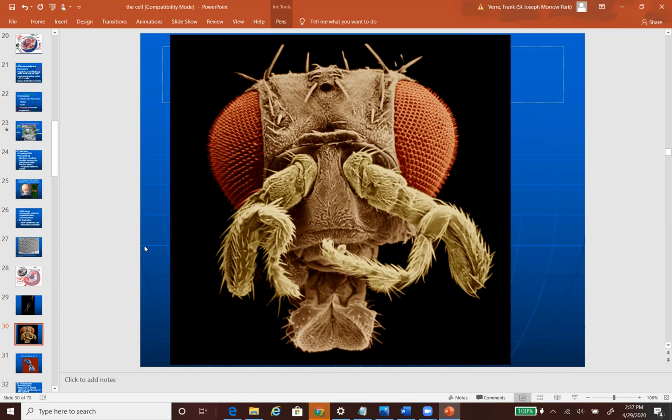Here's a really interesting picture of what happens when there's a glitch in the software. You can see there's something unusual about this fruit fly. Can anyone guess what's unusual about the head of this fruit fly? Anyone want to take a guess? There's something really unusual about this fruit fly. So this is a neat example of where there's a glitch, there's a problem with the software, there's a problem with the DNA.